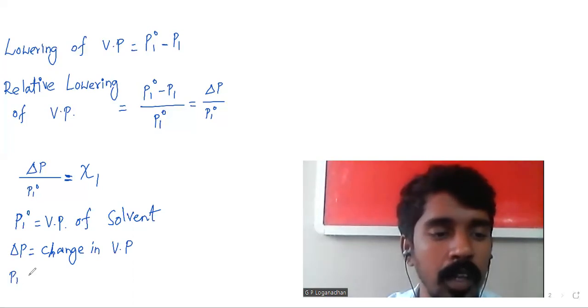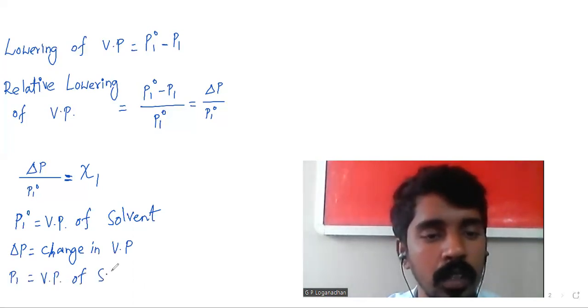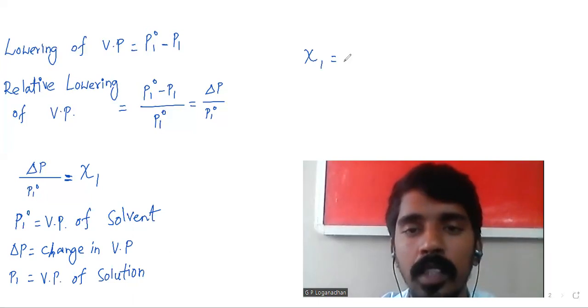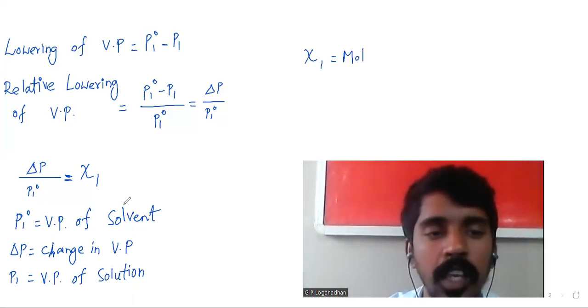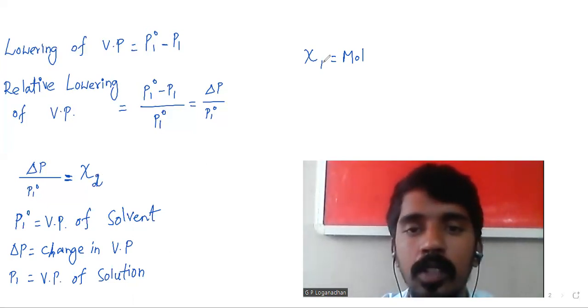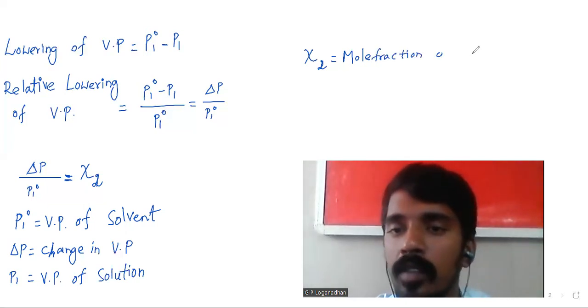And P1 equals vapor pressure of solution. Chi1 equals mole fraction of solvent. Take it as you are taking solvent as 1, so you take solute as 2. So Chi2 equals mole fraction of solute.